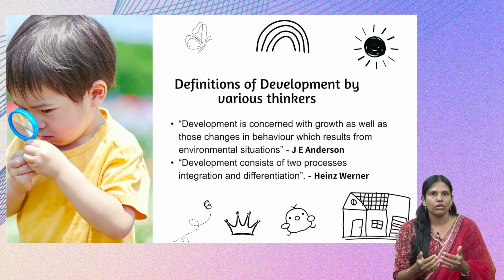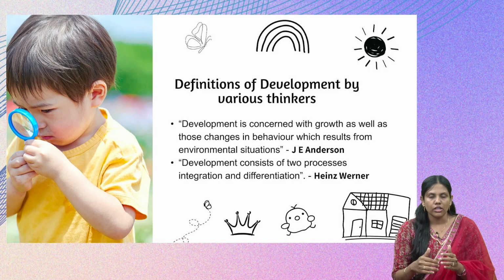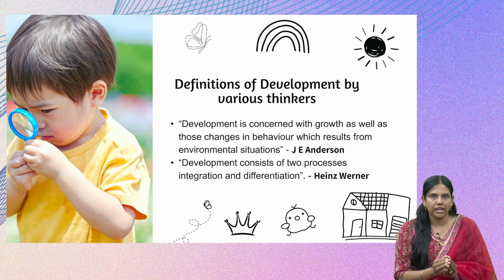The child should also integrate these to form sentences, think, and then also know how to write. All this comes under integration. The different skills the child has learned, the child will be able to integrate and use in daily life. So this is how development consists of two processes, integration and differentiation.